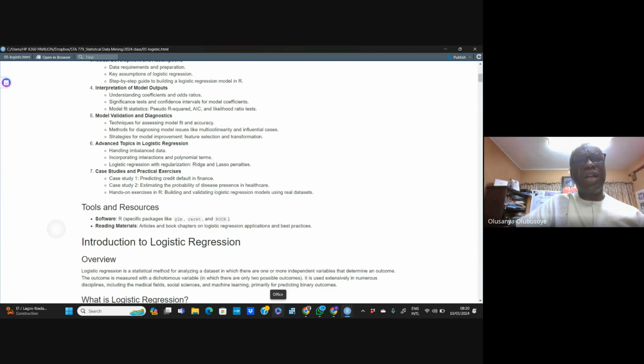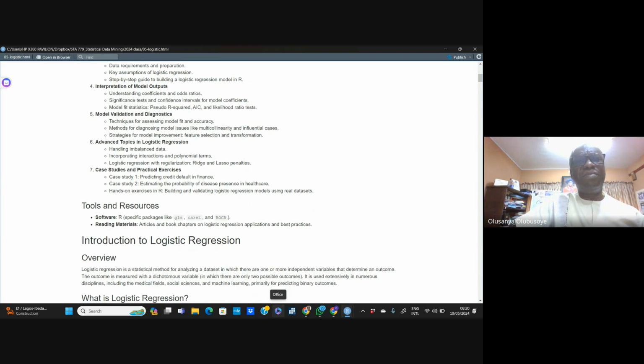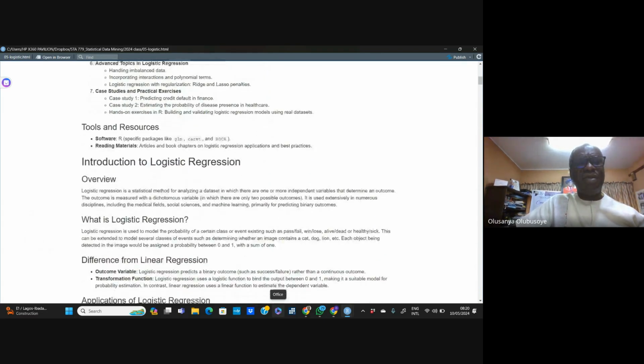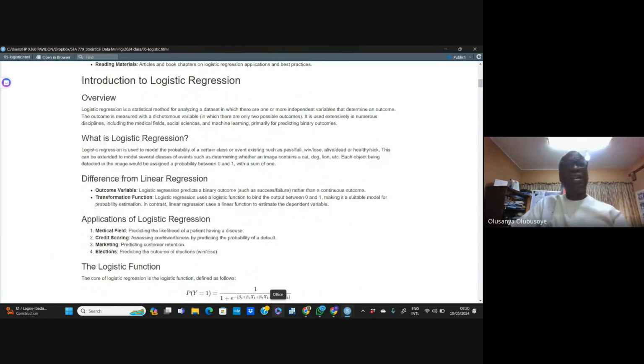We will also look at more specific application areas in the course of the lecture, particularly in the banking sector, in the health sector, and so on. So what is logistic regression?